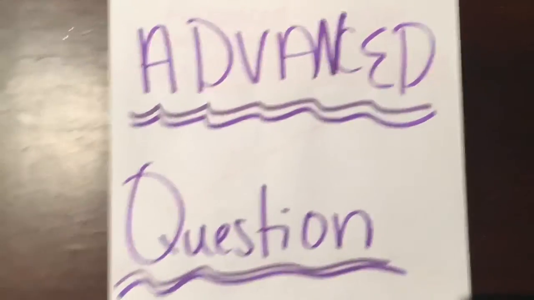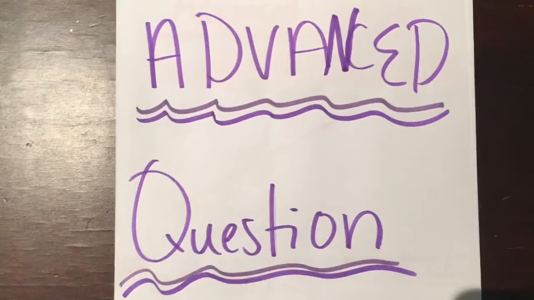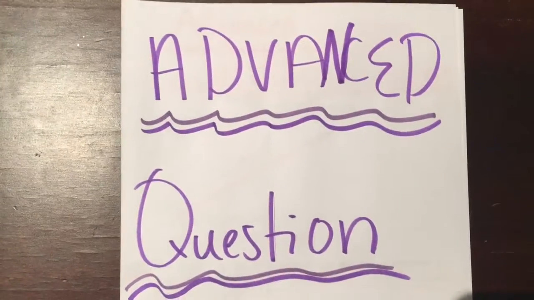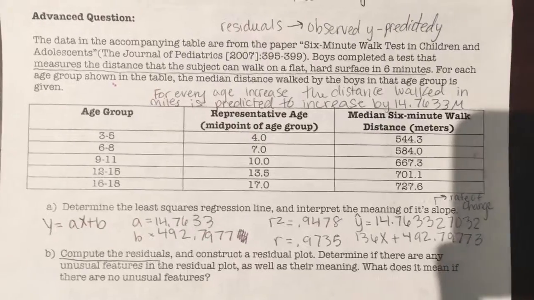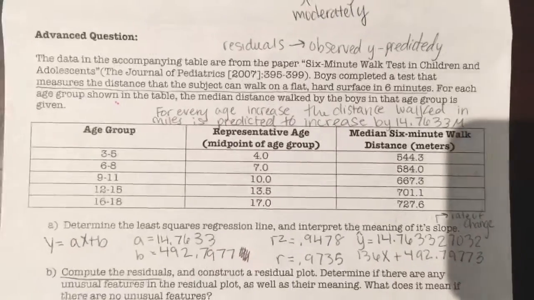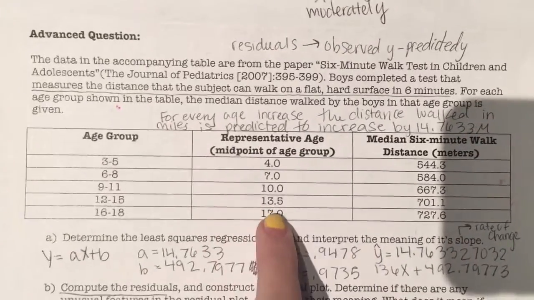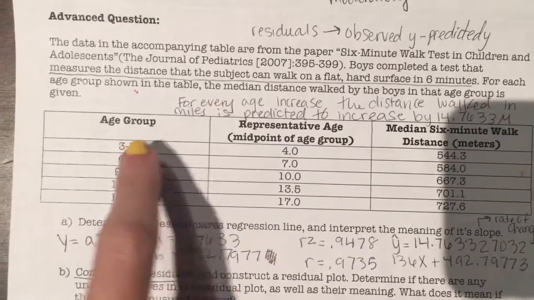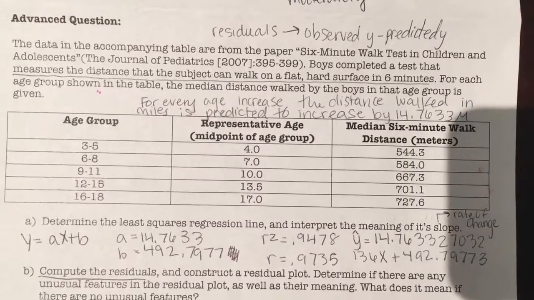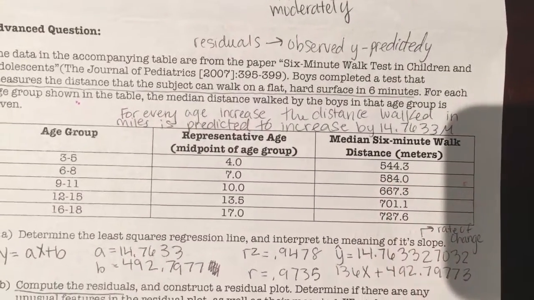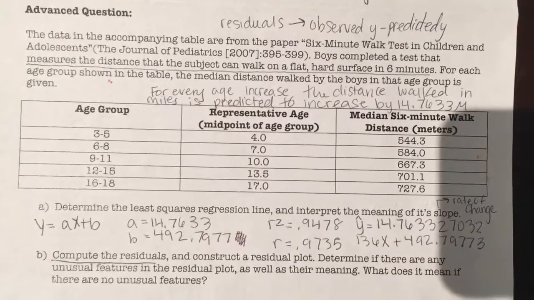For each age group shown in the table, the median distance walked by the boys in that age group is given. And here's the table that they give us. The X that we are going to be using is the midpoint of the age group, and then the Y is the median 6-minute walk distance in meters.